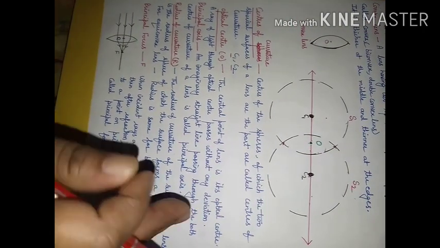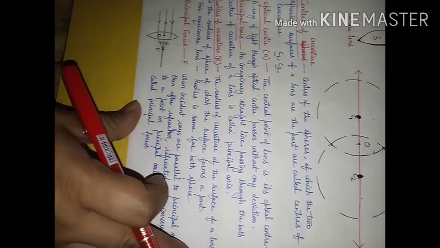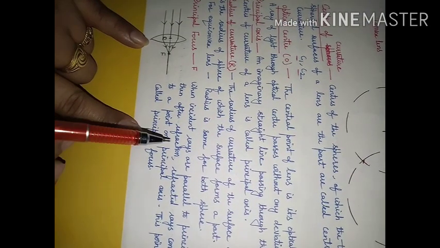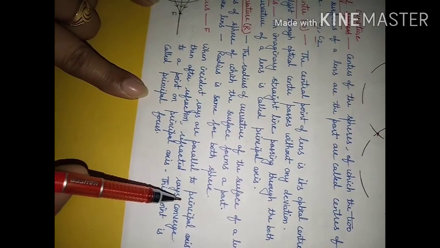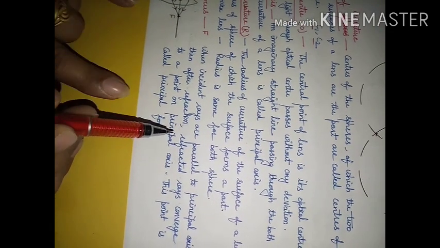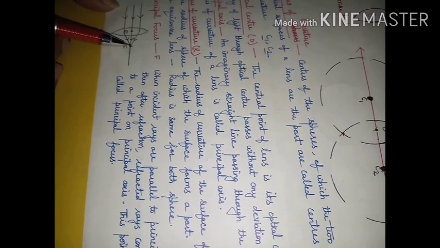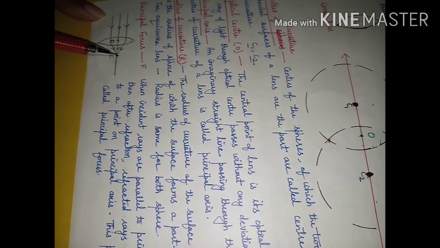Next definition that we will consider is the principal focus. What is the principal focus? When the incident rays, or a beam, are parallel to the principal axis, then all these rays after refraction will meet at a point, and this point is known as the principal focus.